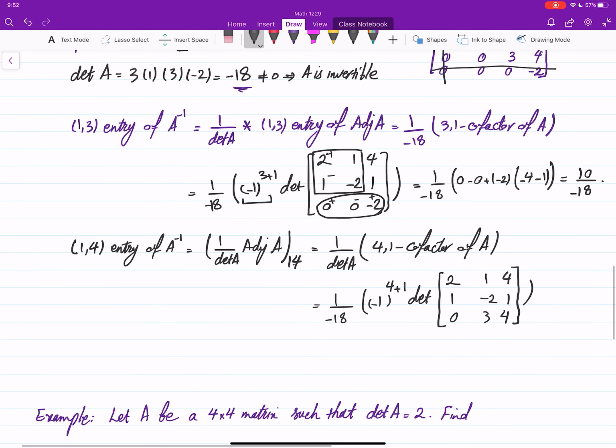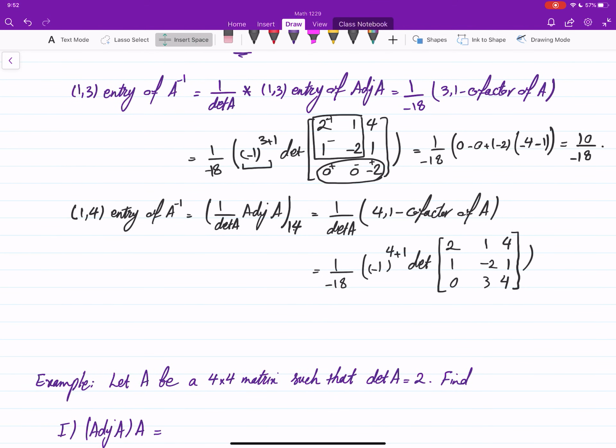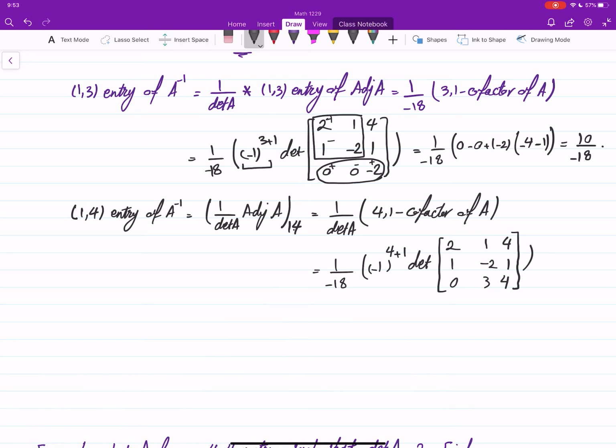Now that we have everything there, I can shift a little lower. This is negative 1 to the power 5, so we'll have another negative sign, which will cancel with the negative there. Then for the determinant, I'm expanding along the first column, plus, minus, plus. So 2 times the determinant of the submatrix, which is negative 8 minus 3, minus 1 times 1 times 4 minus 3 times 4, plus 0 times something.